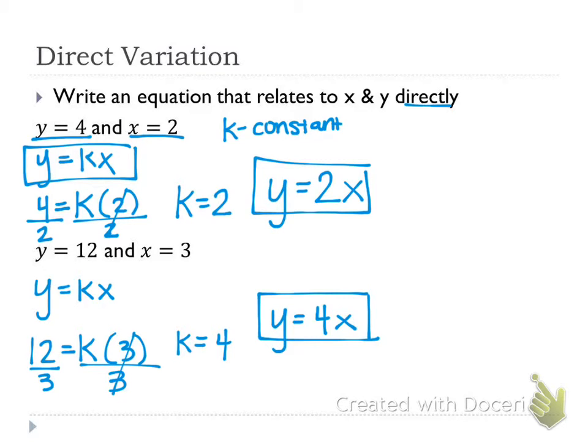Or if I said, what if x was 5? What would y be? That's the whole point of direct variation, so that you can change x and y, but as long as you know k, you can always find your answer. So just because they gave you these two values in the first place does not mean that's what goes in your final answer. Your final answer will only be what k is equal to.